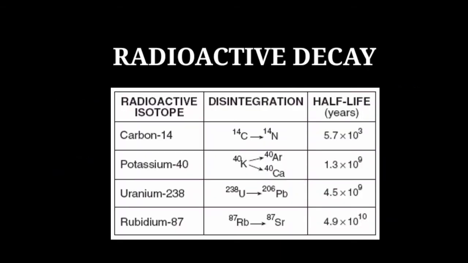Here is the data of radioactive decay. As you can see, there are 4 radioactive isotopes: carbon-14, potassium-40, uranium-238, and rubidium-87. It also shows which element they decay into, and the half-life, or the accurate number of years of the process.